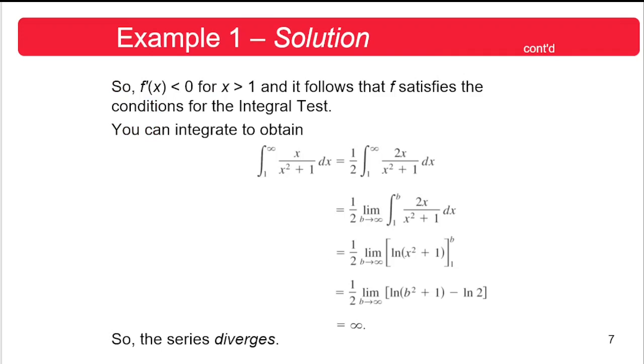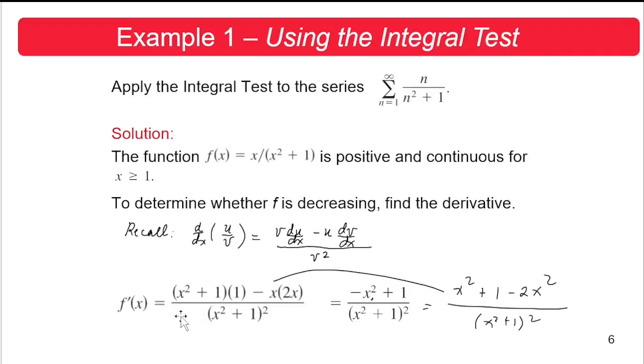As you can see, the first derivative is negative. For example, if the value of x is 1, this is 0. But if x is 2, then 2 squared is 4, and negative 4 plus 1 is negative 3. Because the denominator is always positive for any value of x within this range, f prime of x is negative for x greater than 1.